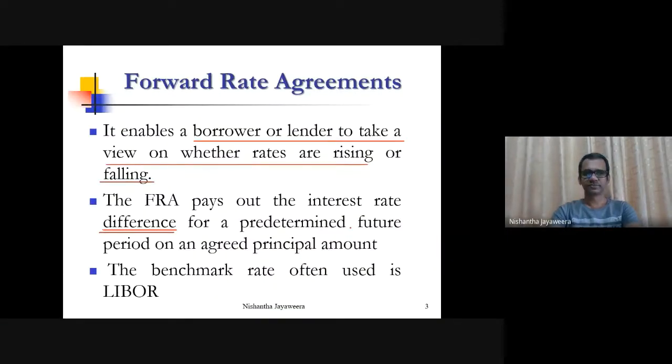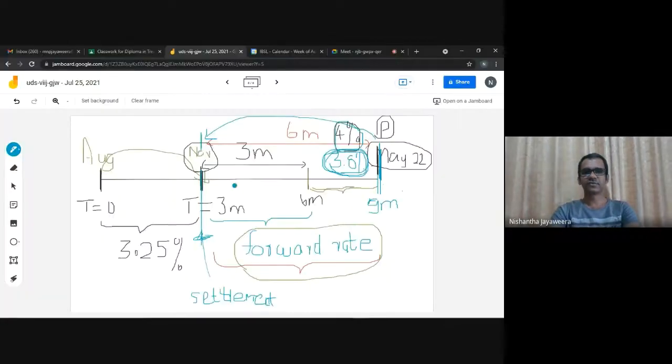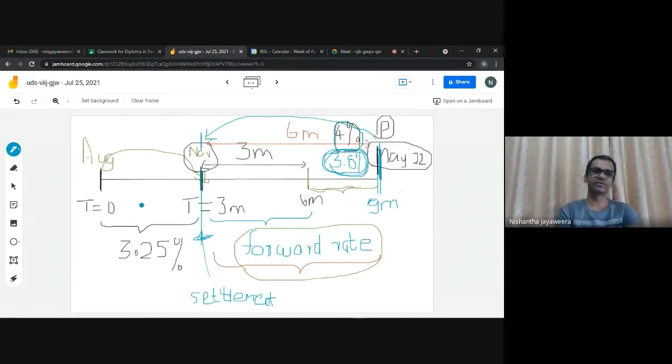So to fix this, even I asked the question, what is the interest rate for the 3 months? What is the 3-month interest rate as at today? Someone said 3.25. I didn't ask what is this rate, but if I am right, I would say at least 5.2, close to something.